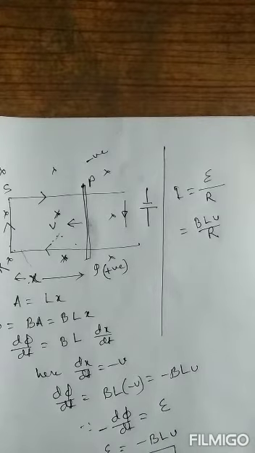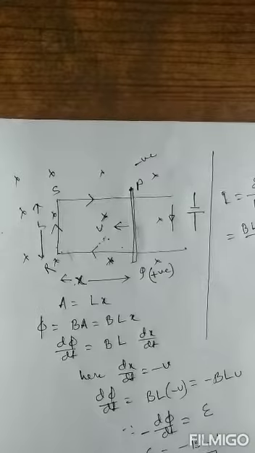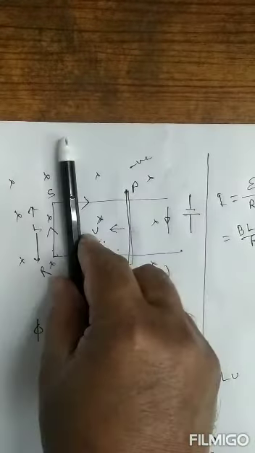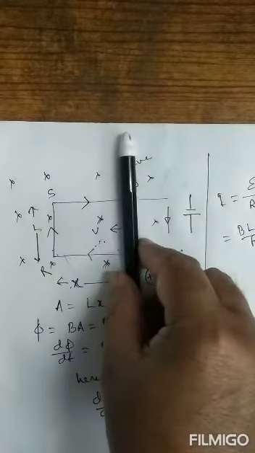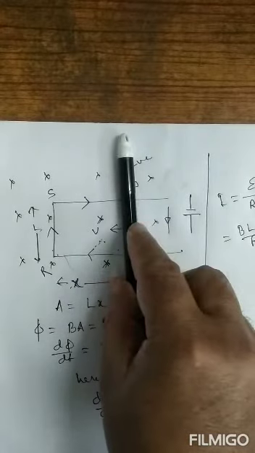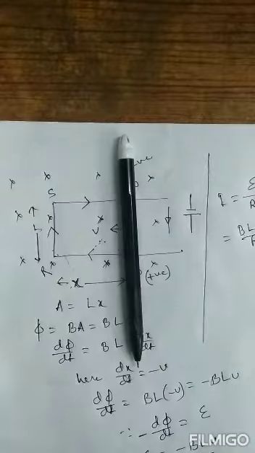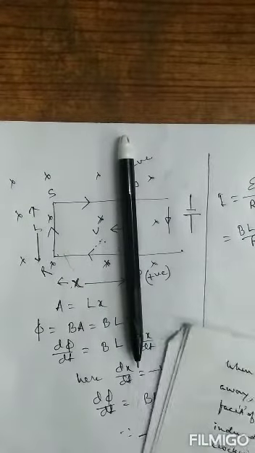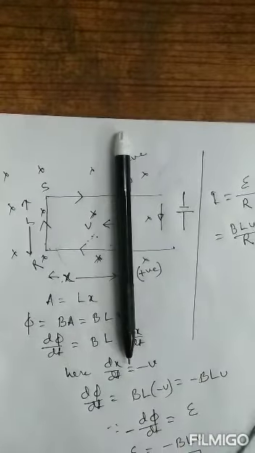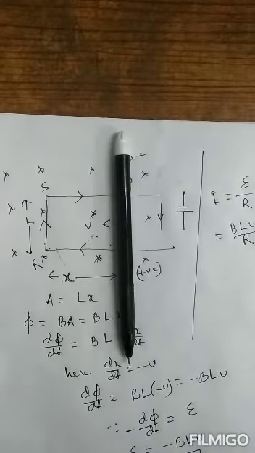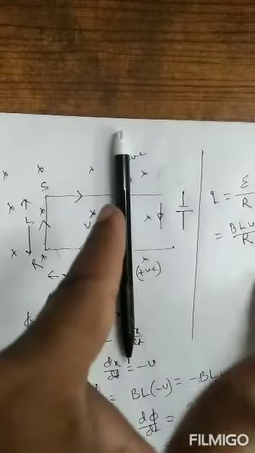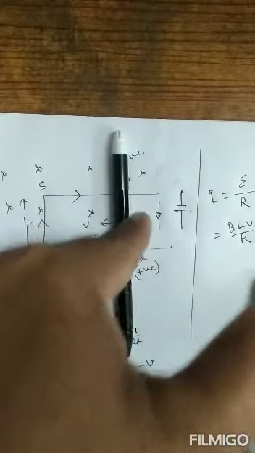Now we return to the magnetic Lorentz force. When this conductor moves in this direction, we may assume that a current carrying conductor is inside the magnetic field. According to Fleming's left-hand rule, what is the direction of the magnetic Lorentz force?